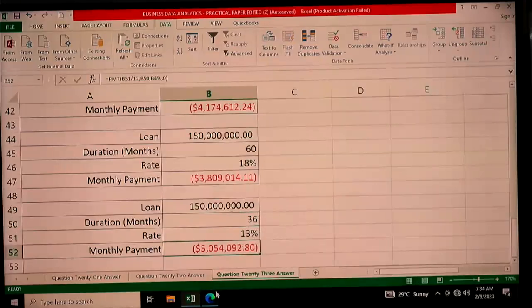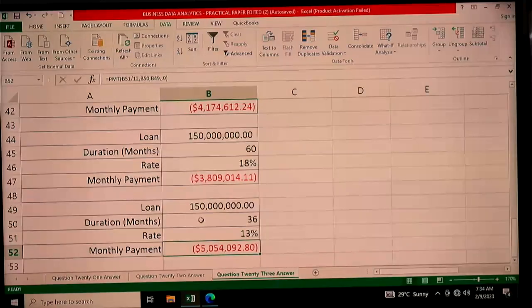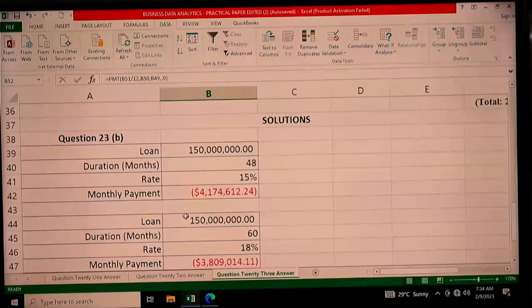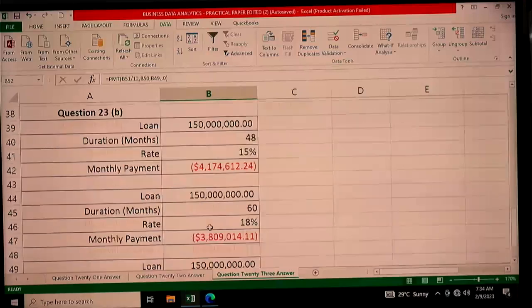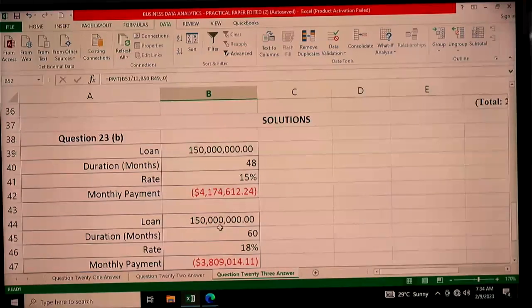But now the question is here, determine which option would be most favorable to the investor. Now here you are supposed to explain. After you are working, you are supposed to explain which option will be most favorable for the investor. There is something that we saw previously: the longer the duration, the higher the interest.